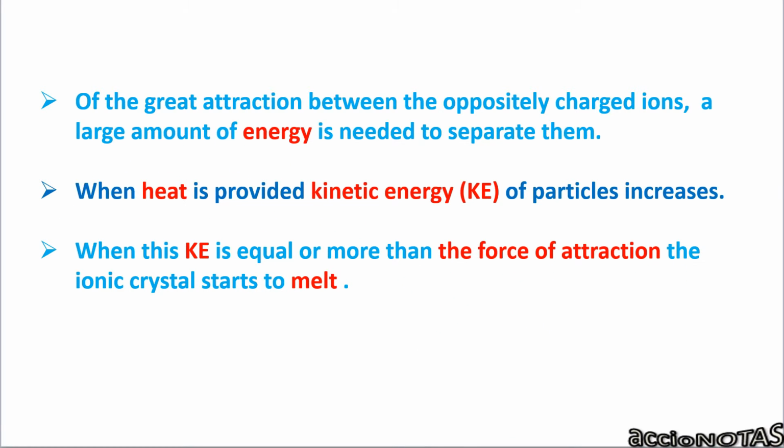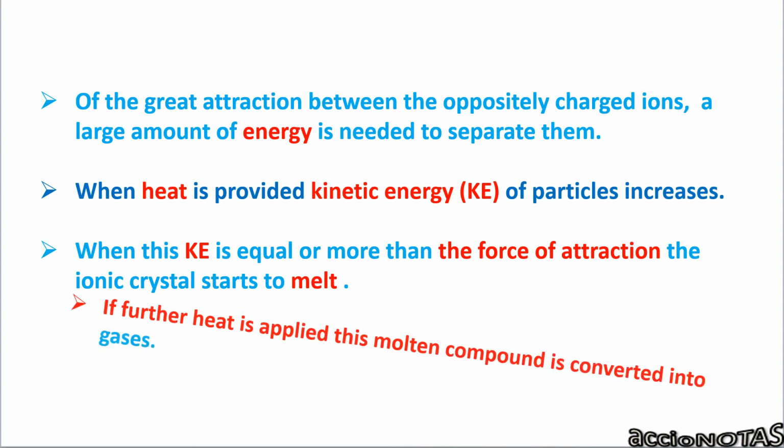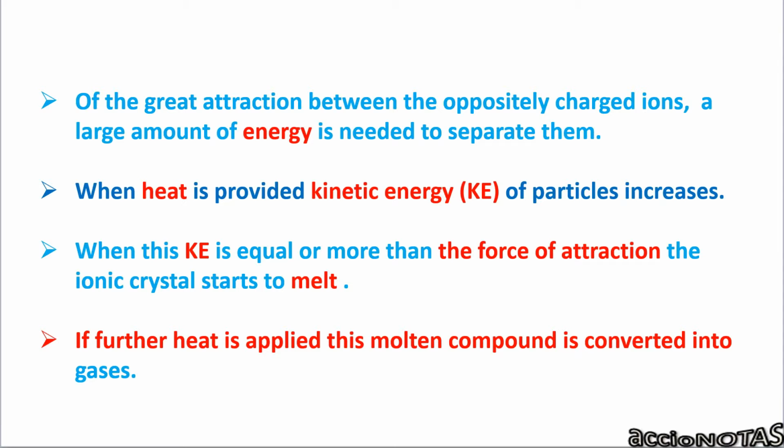When this kinetic energy is equal to or more than the force of attraction or the ionic bond, the ionic crystal starts to melt. This is because it will cause the ions to vibrate. This vibration will cause the ionic bond to break, so they melt. If further heat is applied, this molten compound will be converted into gas.